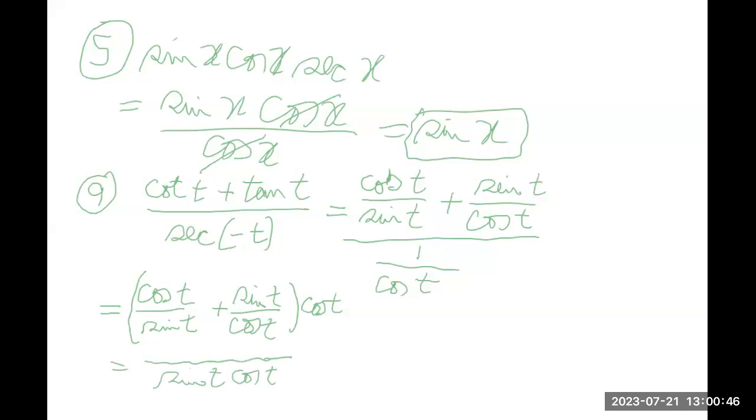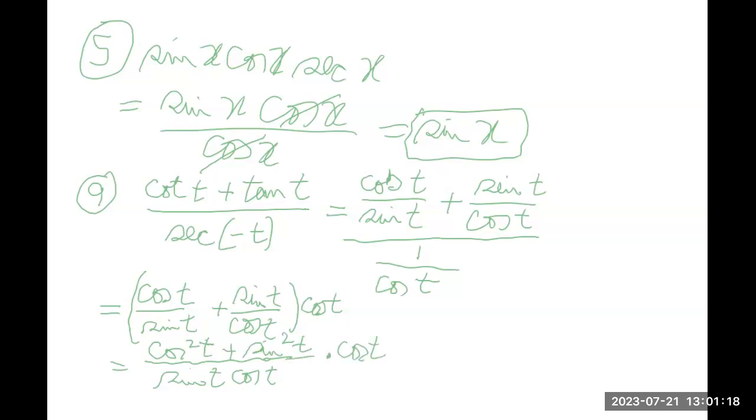So you multiply top and bottom by cosine t, which makes this cosine squared t over sine t cosine t. In the second term, you would need to multiply top and bottom by sine t to get that denominator. So sine t times sine t is sine square t. And then this is being multiplied by cosine t.